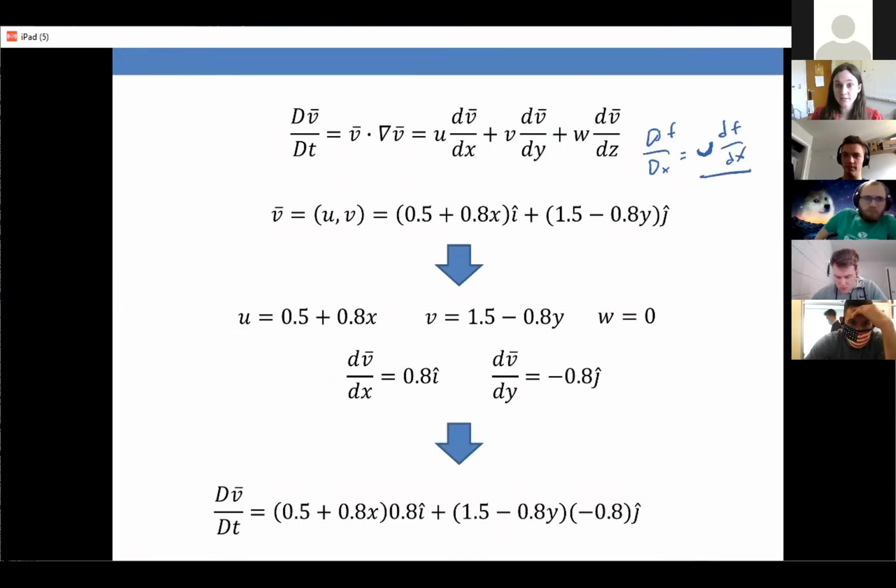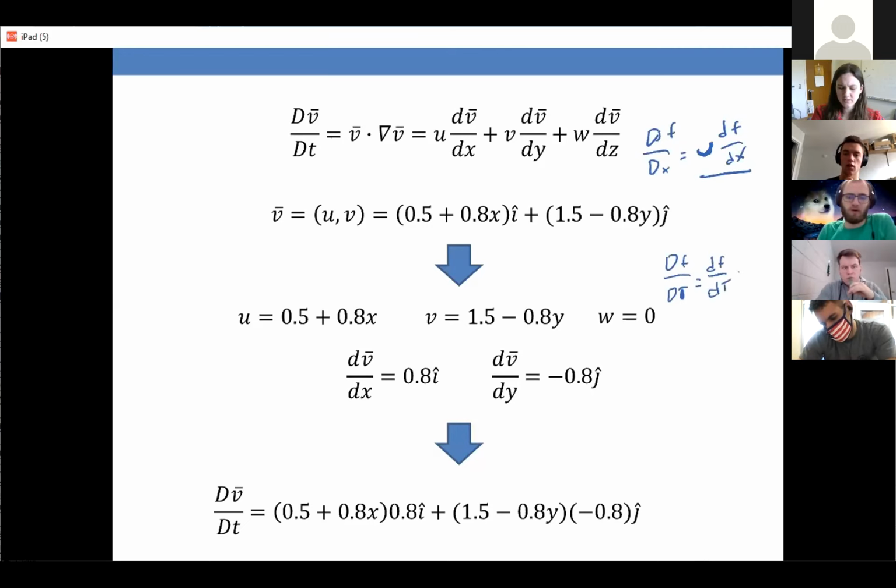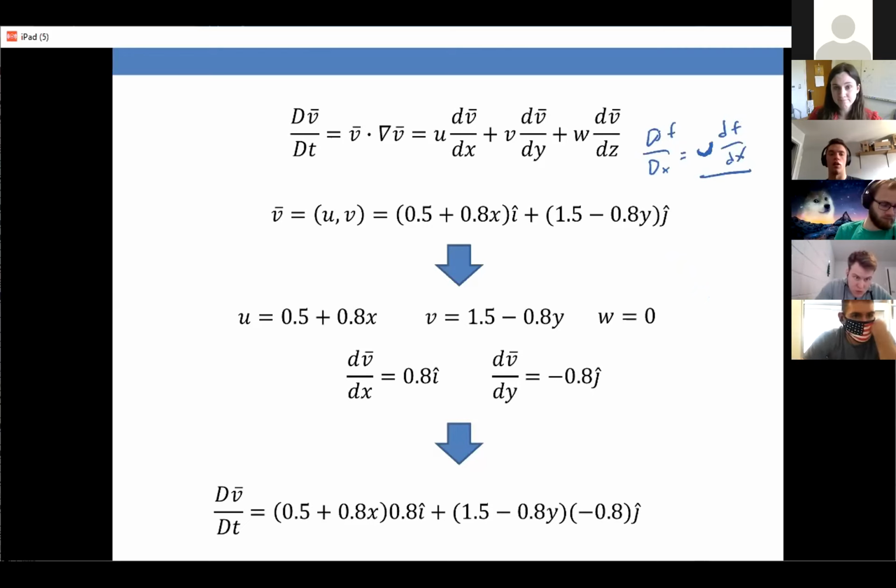I think it would just be that part. But maybe there could be something else, like maybe it depends on temperature, for example, right? And so it would be something like df/d(temperature) plus something like that. I'm not sure exactly how it's set up, but there might be something similar.